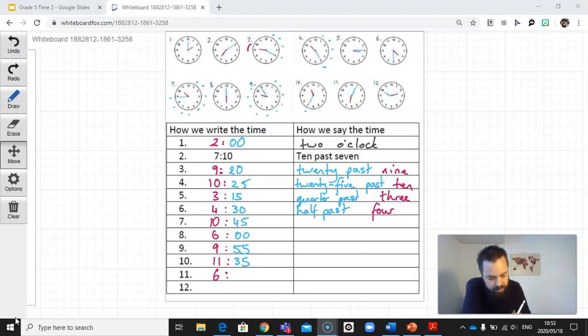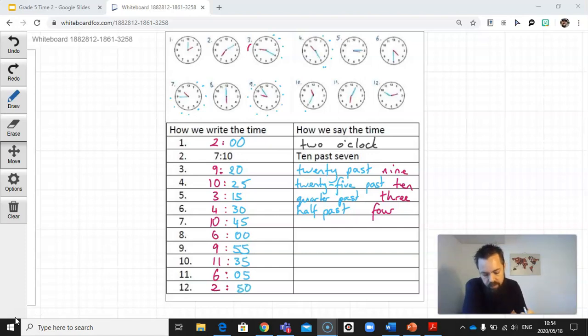And the minutes is at 5, pointing at the 1, which means it's 5 past. Be careful to make sure that you put the 0 in, otherwise you're going to make it look like 6:50, which isn't the same. And the final one, it's after 2, but not at 3, so it's 2 something. And if you count through that, you'll get to 2:50.